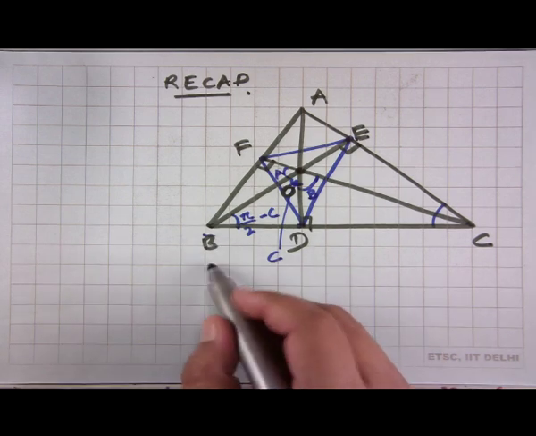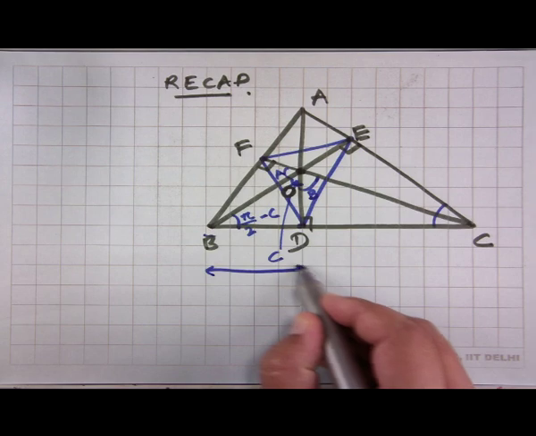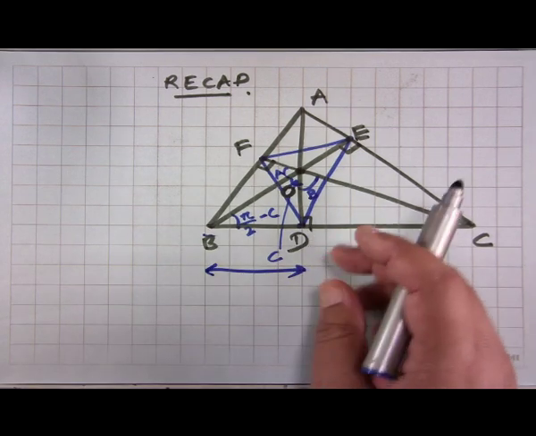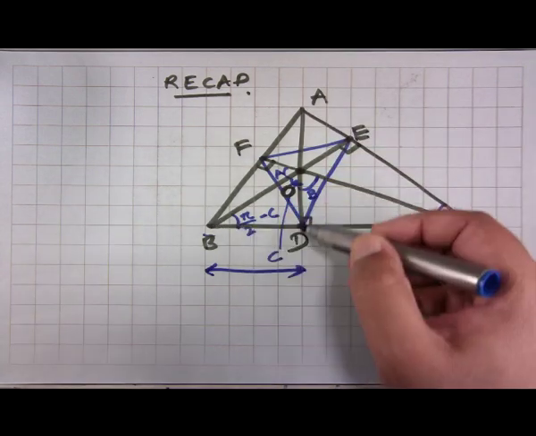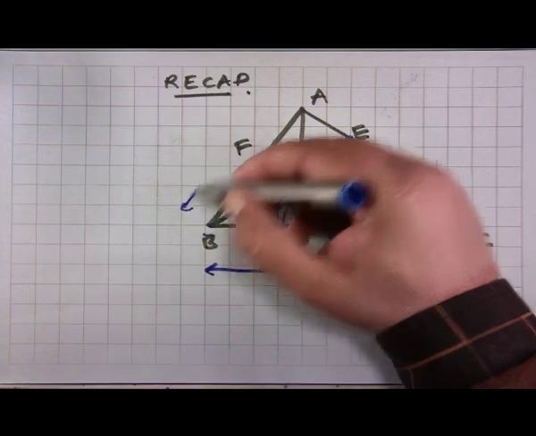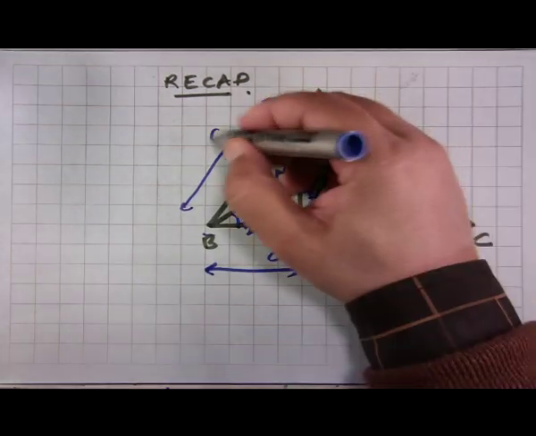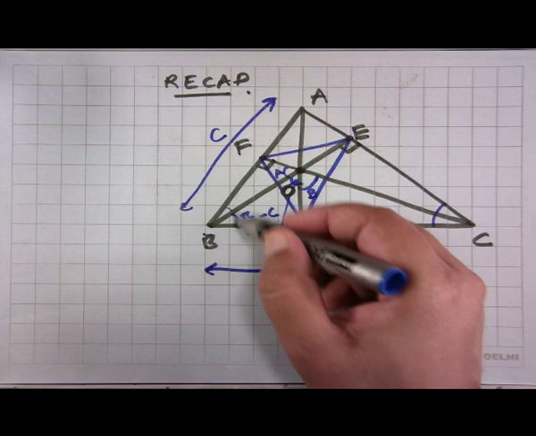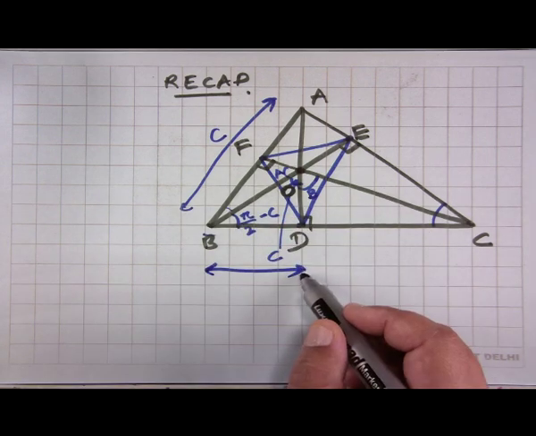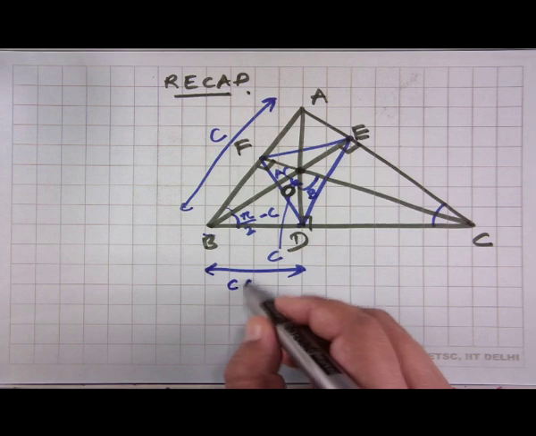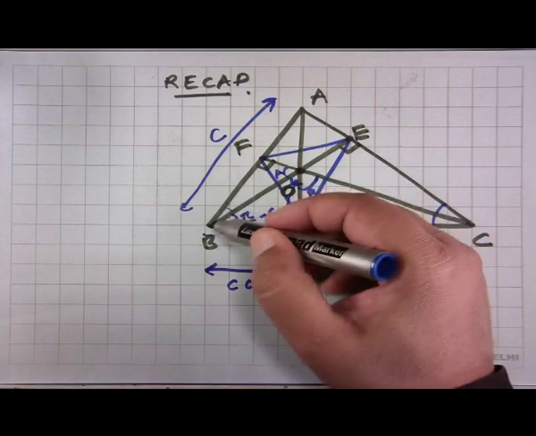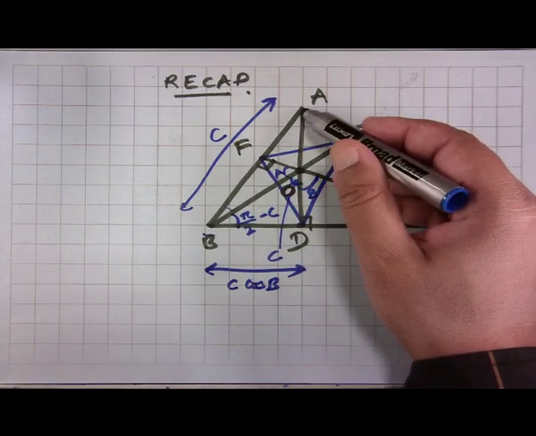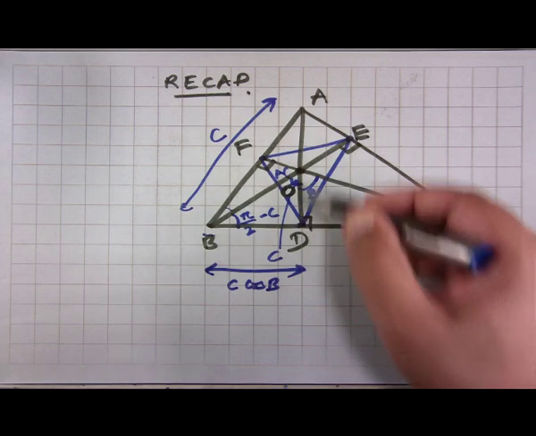Further, the length of this BD is very easy to find out by just considering the right angle triangle ABD. So, this entire length AB is c and this angle is B, therefore, BD is c into cos B. So, we just have to apply the trigonometric ratio to this right angle triangle ABD.